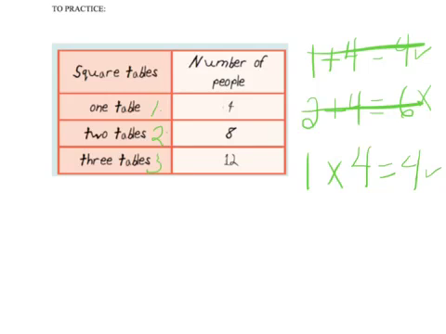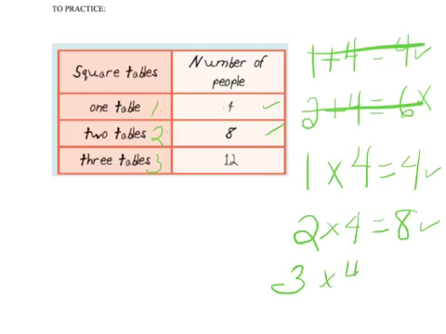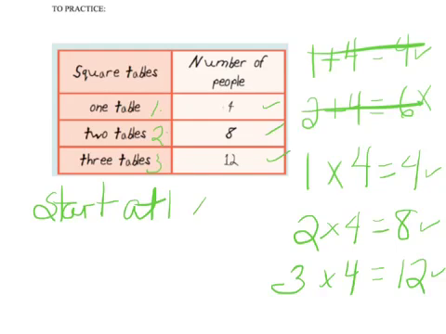Check. 2 being our next input, times 4 gives us 8, which is our second output. 3 times 4 is 12, which gives us our third output. So this would be our rule. We would start at 1 and then multiply by 4 each time.